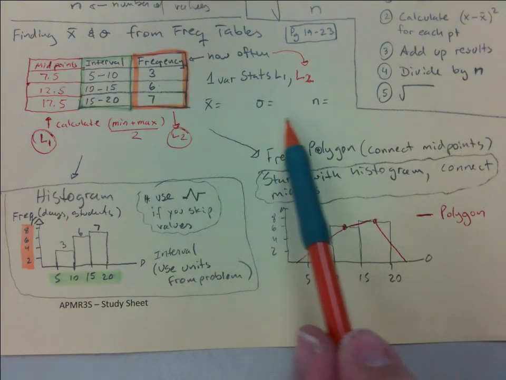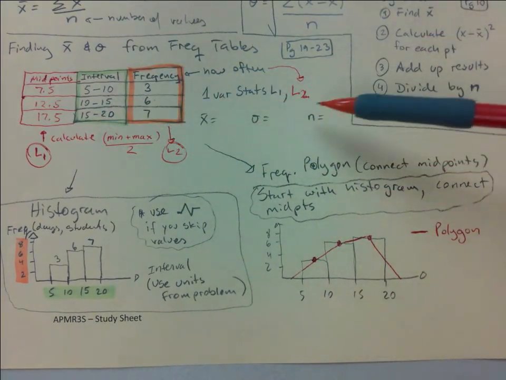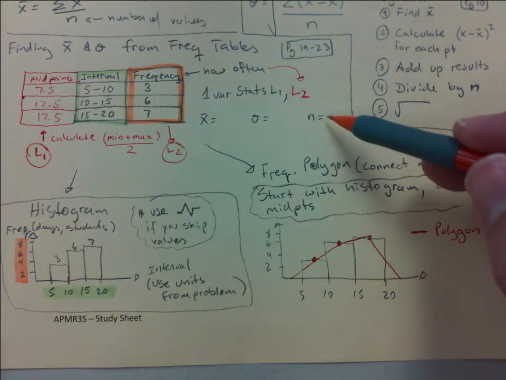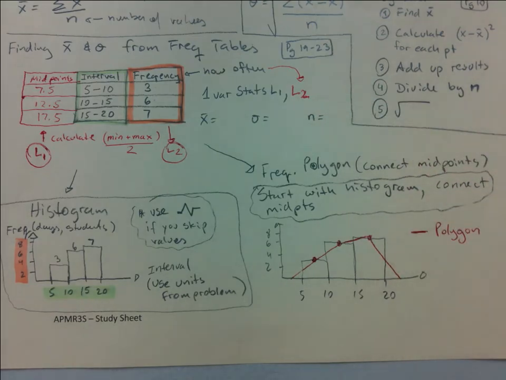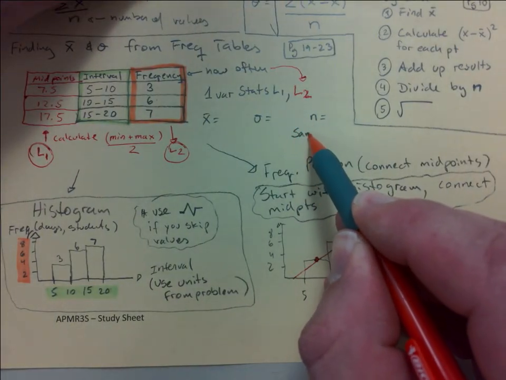I do have this here, right? That frequency polygon. Do we want to put sample size right under N here? I don't know where you're at with your study sheet. Go find N and just say that's a sample size, okay?